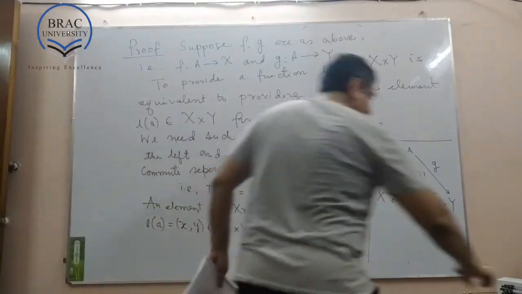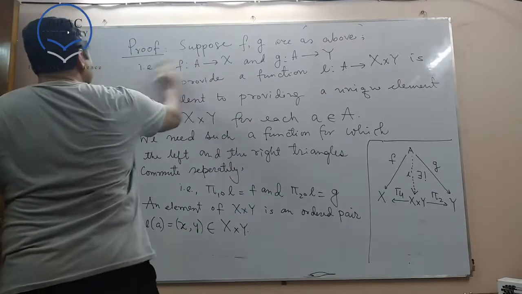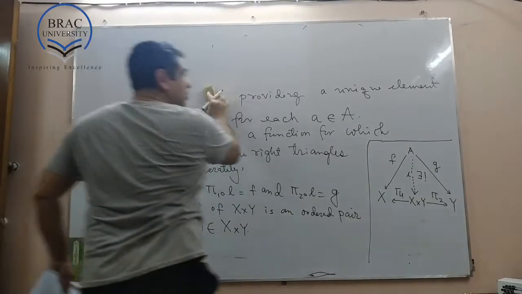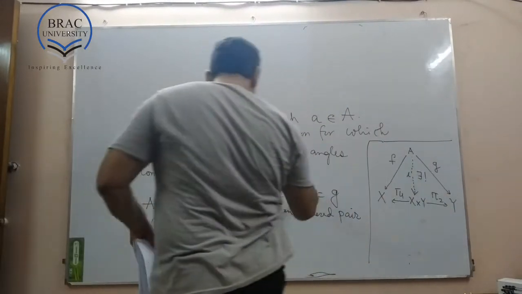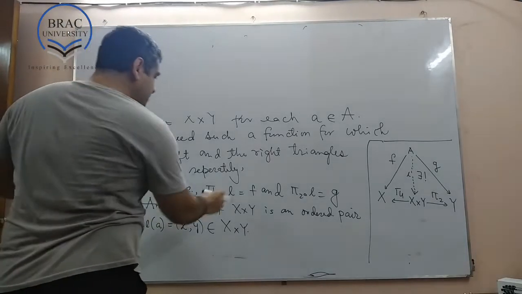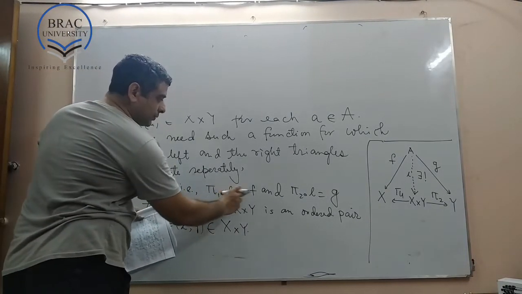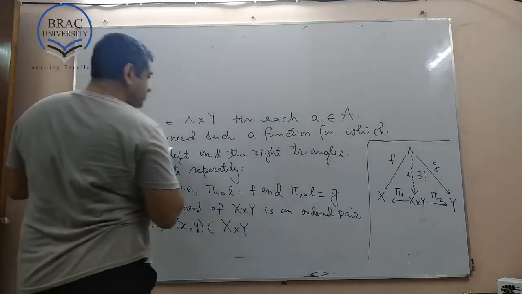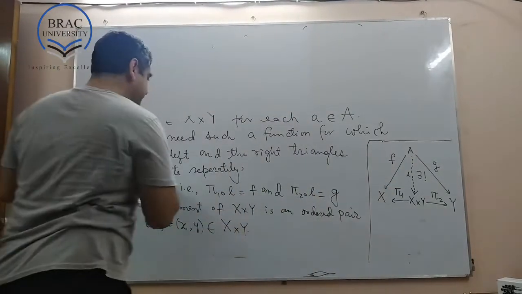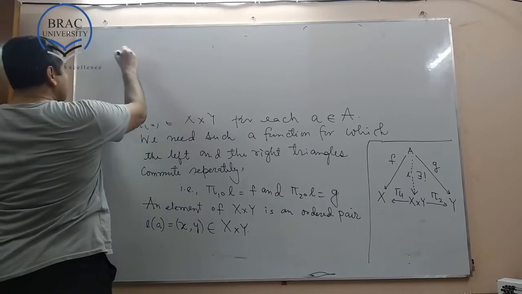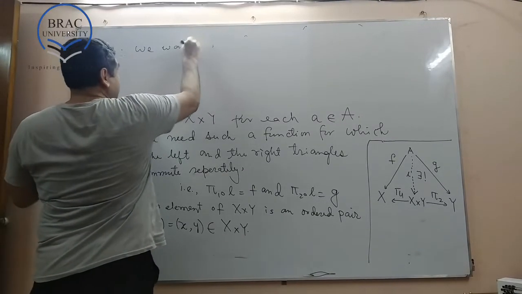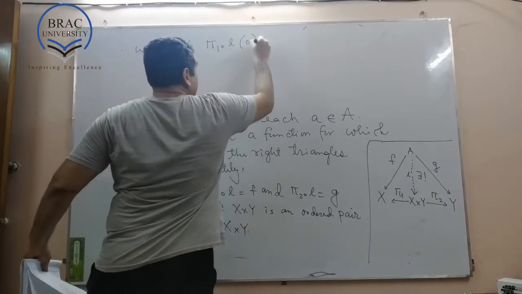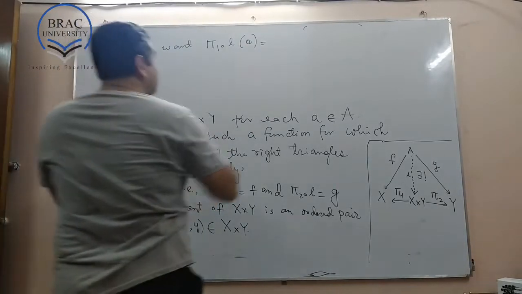So what we want, by this commutative diagram, in other words using this equality of two functions, is that we just act with both sides of this equality on a certain element a of this set big A. Therefore we want pi1 composed with L acting on a to be equal to F of a.